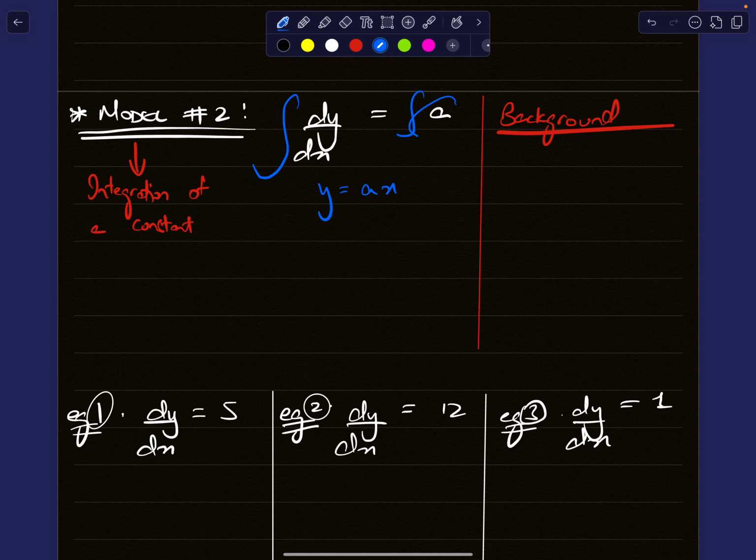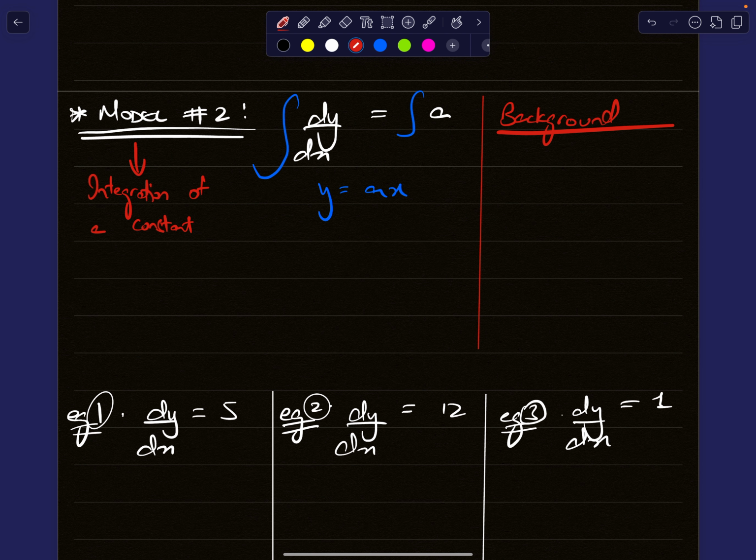We had an a and we'll turn out to have an ax, given that integration is with respect to x. If it was integration with respect to y, we'd put a y. But in this case, the normal scenario is with respect to x.